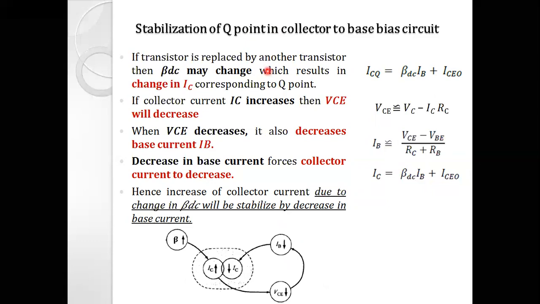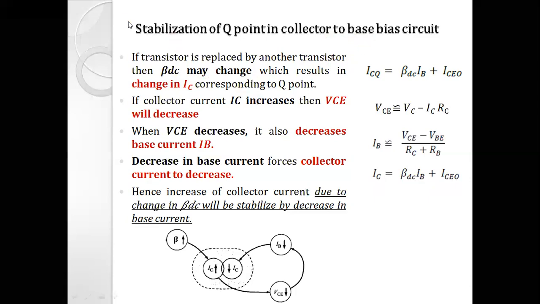So if the transistor is replaced by another transistor, then beta DC may change. For example, if the second transistor has a beta higher than the previous transistor, what happens to the operating point when the biasing circuit is the collector to base bias? Let us analyze that.